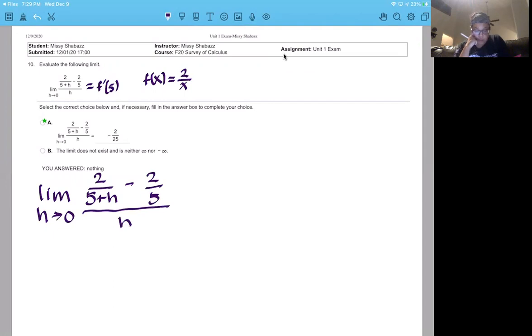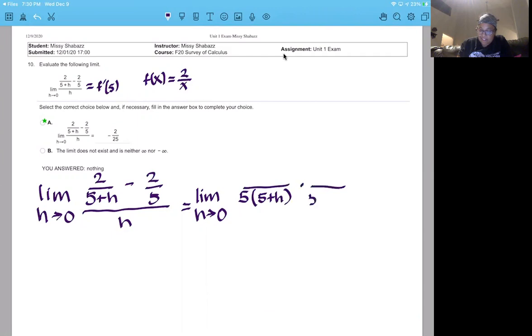So maybe the easiest way is to multiply the numerator and the denominator by the common denominator in the numerator. Or let's just go ahead and find the common denominator in the numerator. Let's start there. So the common denominator, let's not lose our limit, is going to be 5 times 5 plus h. So the first term had the 5 plus h, but not the 5.